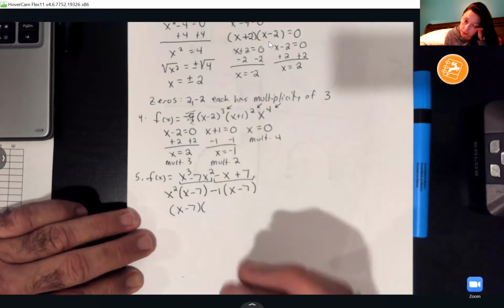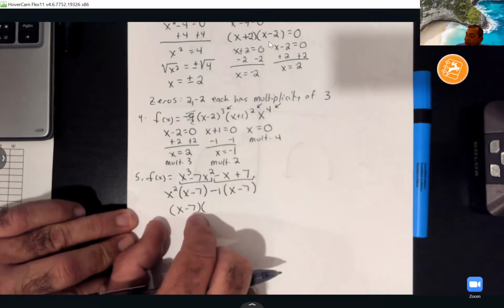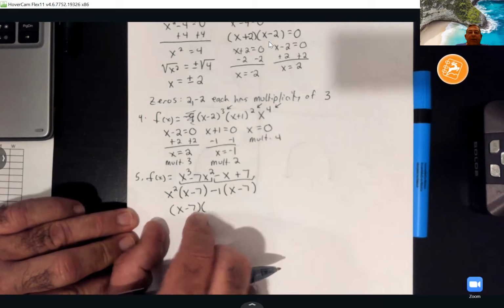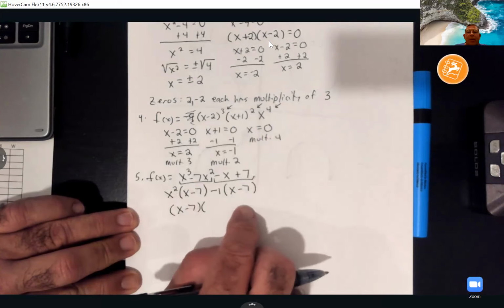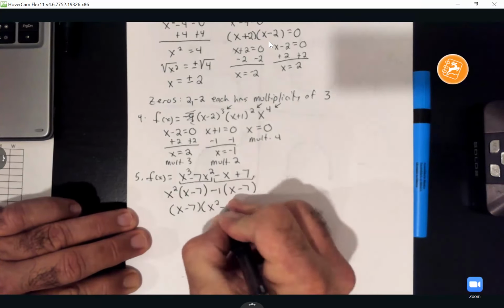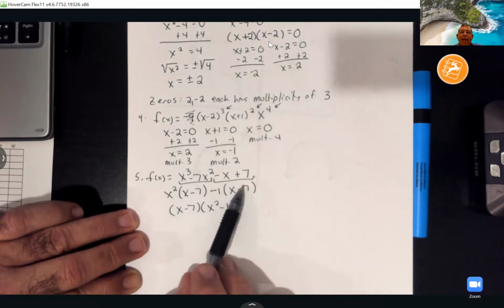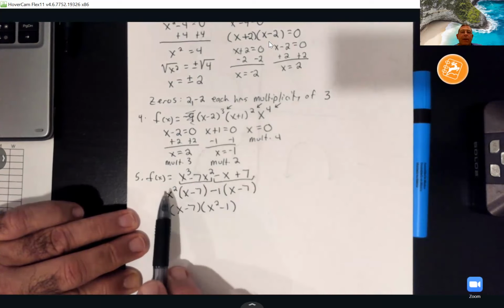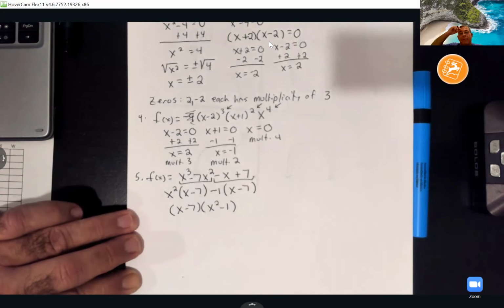We're pulling the x minus 7s out, so what's left is the x squared minus 1. The parentheses match, they make up one factor. Everything else makes up the other factor.